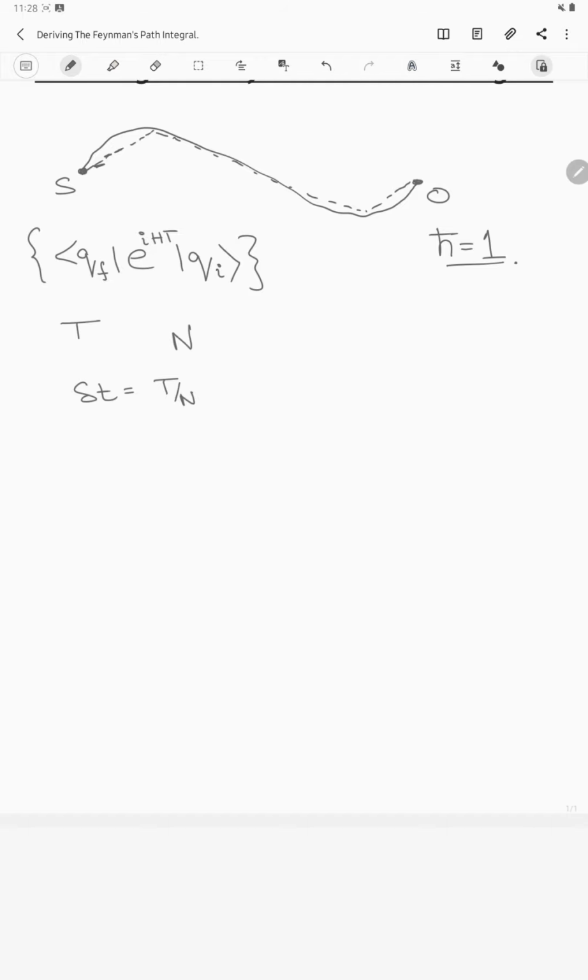Now with this, what I can do is write down this amplitude as being equal to <qf|, and now for every segment I would have this unitary operator, exponential of minus i Hamiltonian times delta t. So that's for one particular segment, and for all of the segments I would have this factor of exponential.